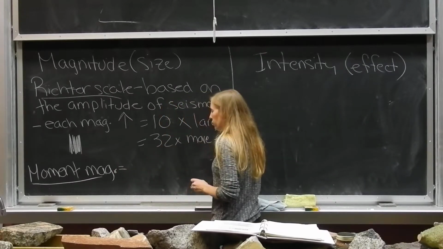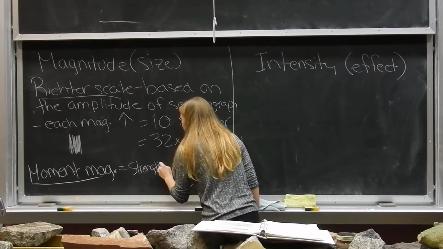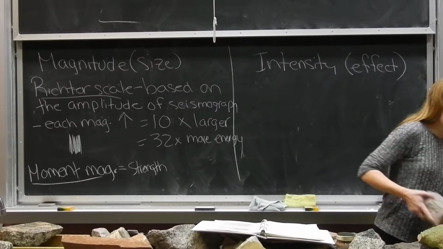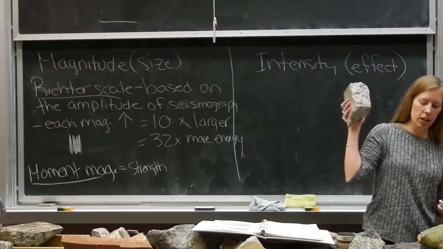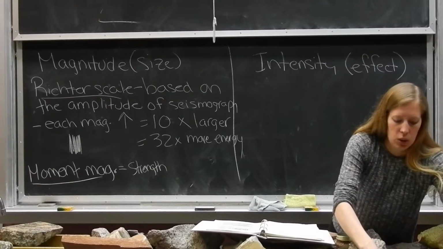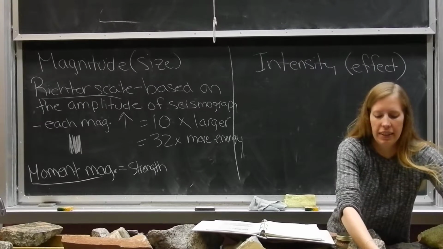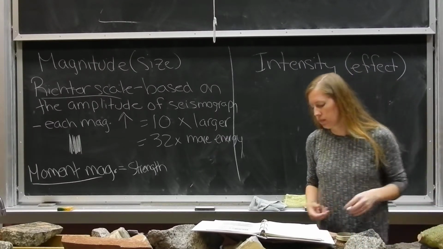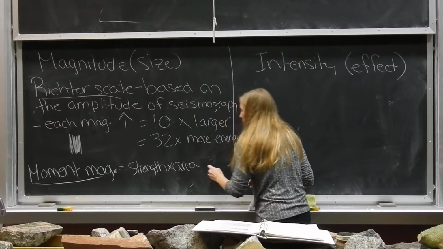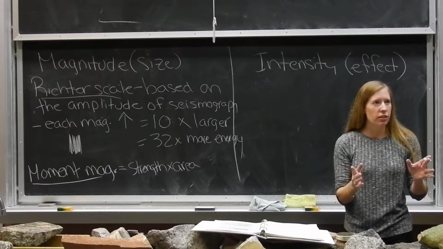The important things to know: we need to know the strength of our rock, the difference between a hard rock like granite or a soft rock like sandstone. These have different strengths. You also need to multiply it by the area. How do we determine the area?